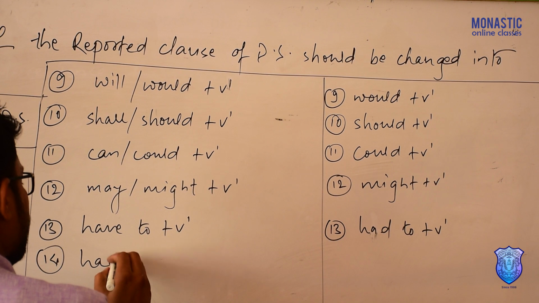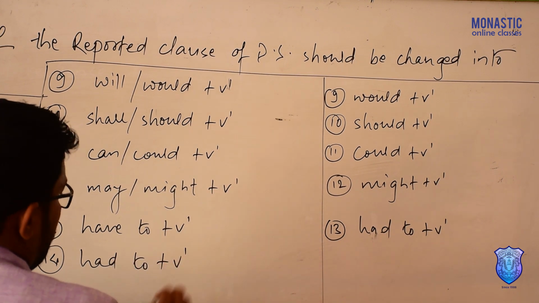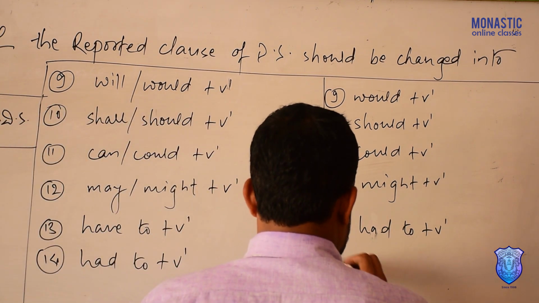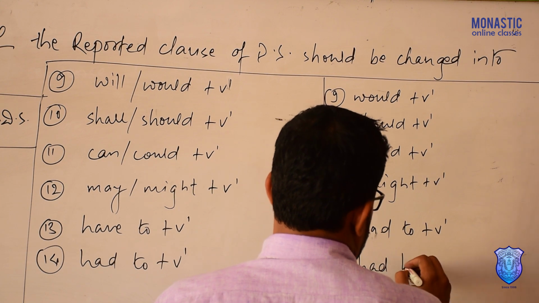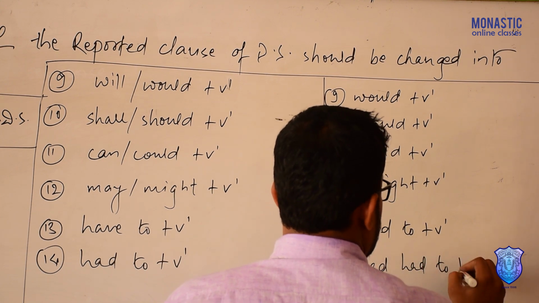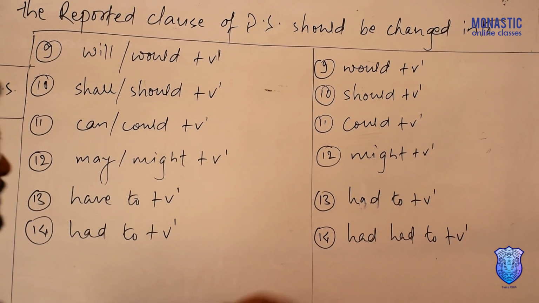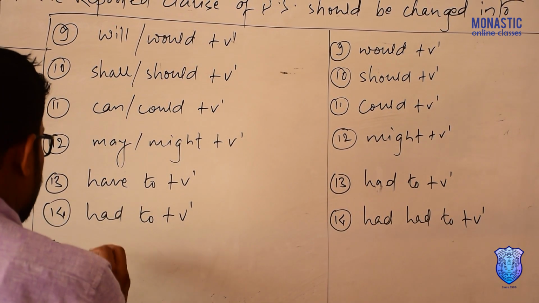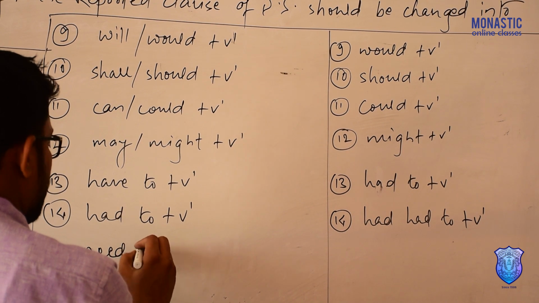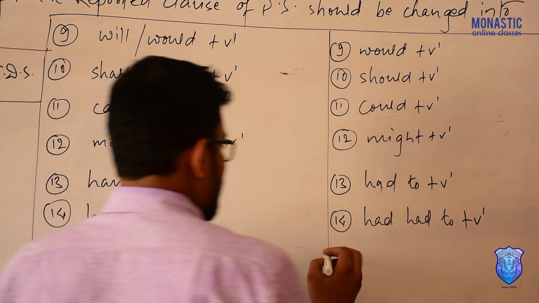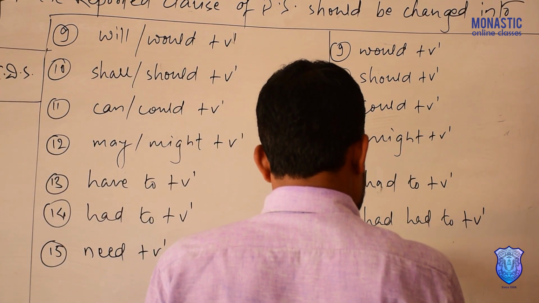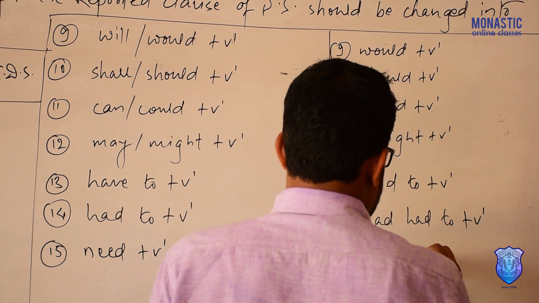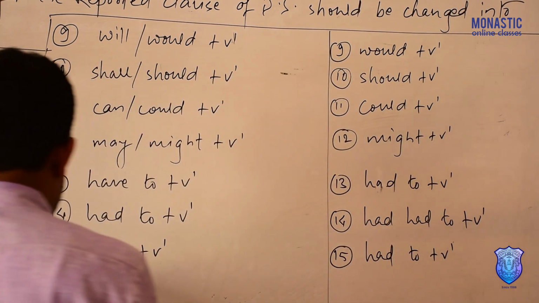When you find there is had to plus V1, we can change it into had to plus V1. Don't get confused, here we can get double had. If we find need plus V1, it takes had to plus V1.